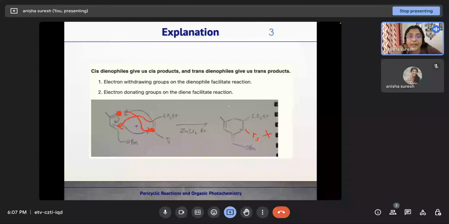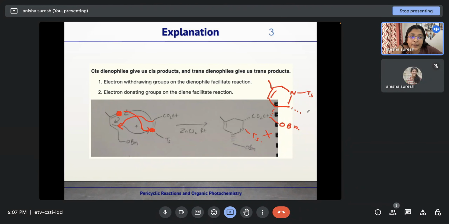And the approach will be in endo fashion, so we will get the desired product like N-tosyl, and here there will be, so this will come in the alpha direction, and there will be a double bond.